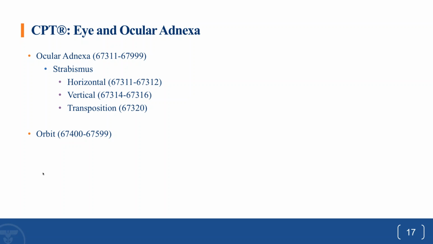And as you go down, look at CPT code 67332, strabismus surgery on a patient with scarring of the extraocular muscle. So that means the lens of the eye. The muscles have been, they maybe could have gotten a tear of the eye.